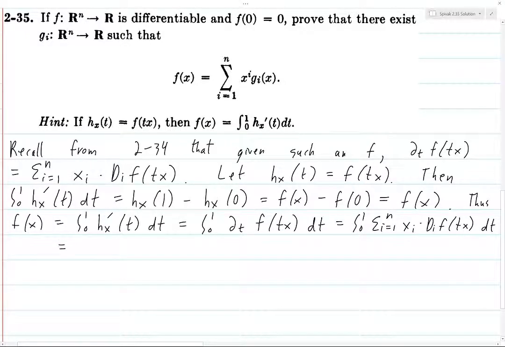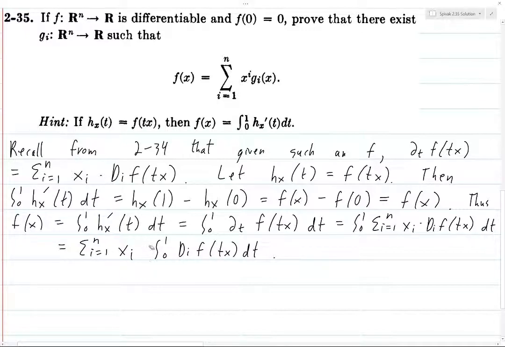Because of some theorems, which again we haven't learned because we haven't studied integration, but we're still expected to somehow know how to integrate here, we can pull this sum outside of the integral. The integral is with respect only to t, and xi is just a constant, so we can pull it out and put the integral to the right of xi. So we have the integral from 0 to 1 of di f of tx dt.